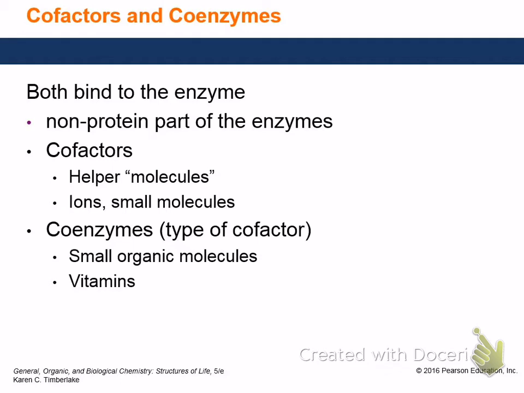Those are inorganic. What do I mean by inorganic? Metals, usually. Sometimes people refer to them as helper molecules. And then we have coenzymes, and coenzymes are usually organic in nature, so like carbons and hydrogens.